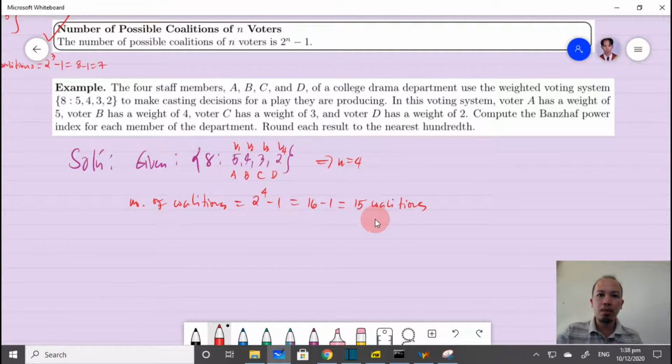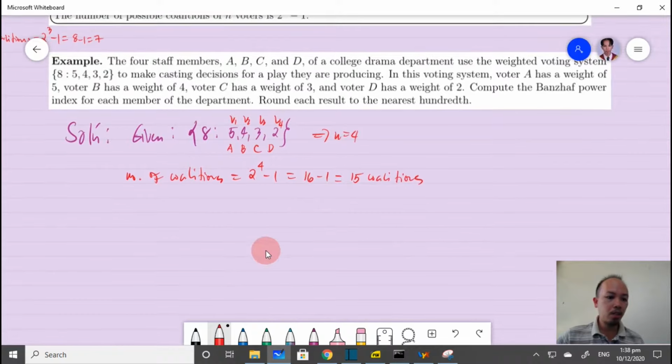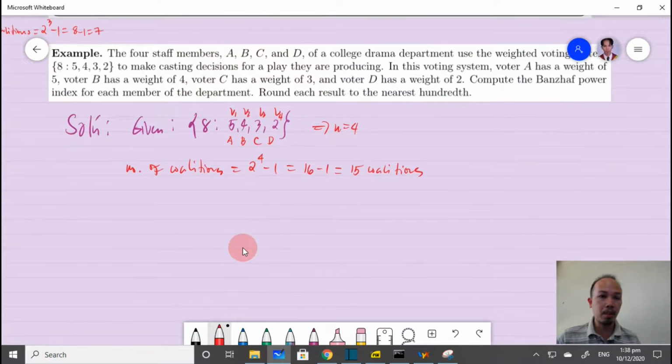Now we are going to get the winning coalitions, or the losing coalitions at the same time, and then make a table for the winning coalitions. How to create the possible number of coalitions: there are 15.